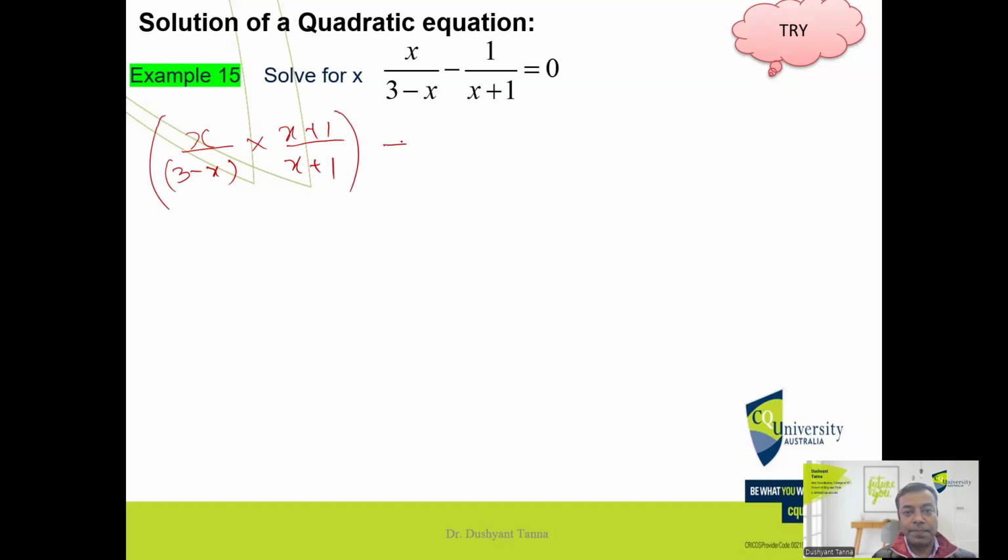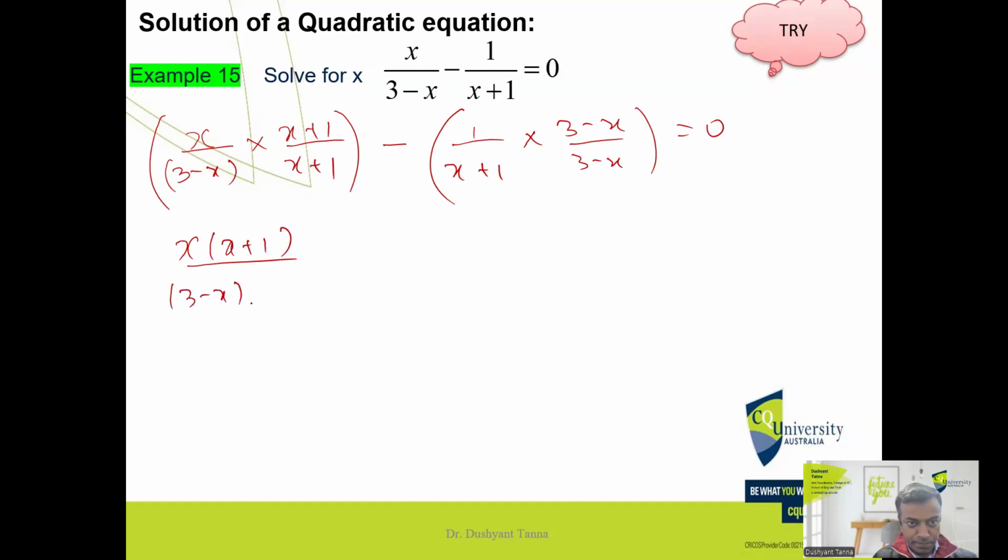That's your first term. 1 over x plus 1 times this by 3 minus x is 0. So the numerator is x times x plus 1, and 3 minus x is 0.